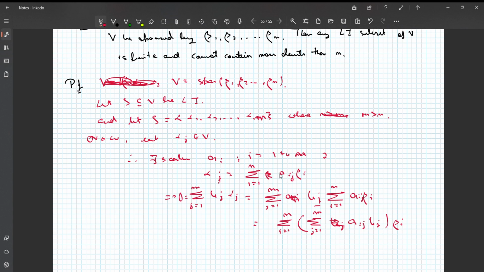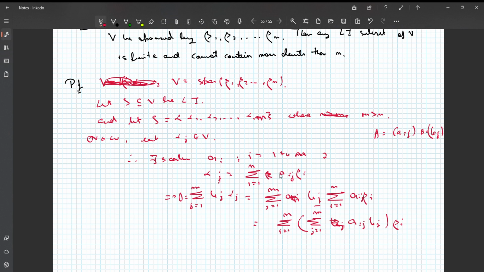Now suppose we consider this to be 0. Now if this is 0, then notice that the inside is simply a matrix multiplication of a matrix A equal to a_ij with a column vector B equal to b_j.